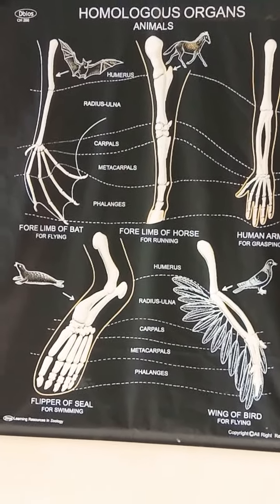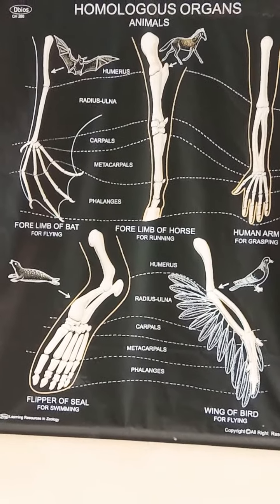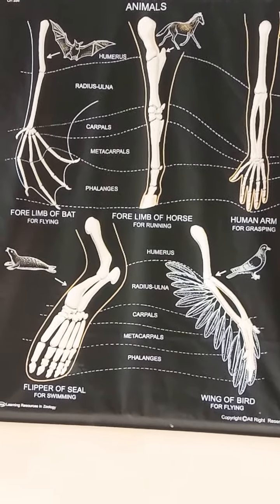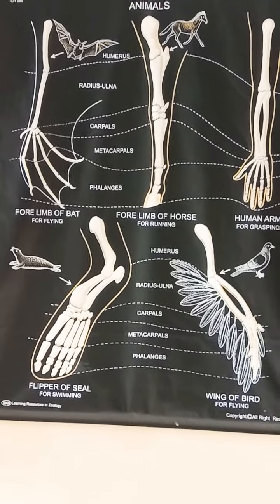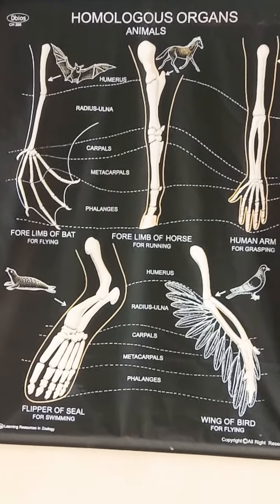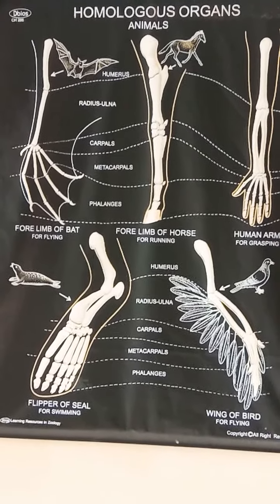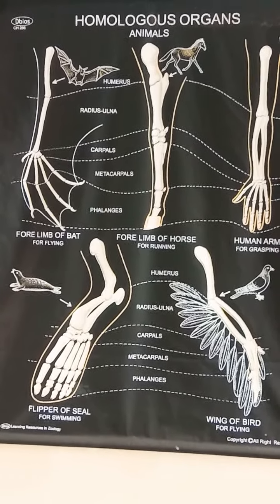see the structural similarity in all of them, like humerus, radius, ulna, carpal, metacarpal. So there is some similarity between all these structures in different animals. So that means these organs have same structure but different function.